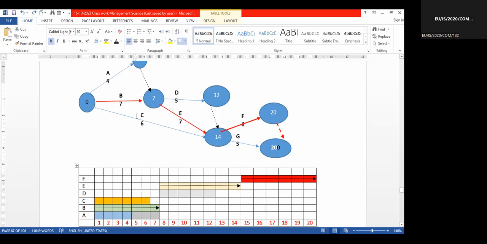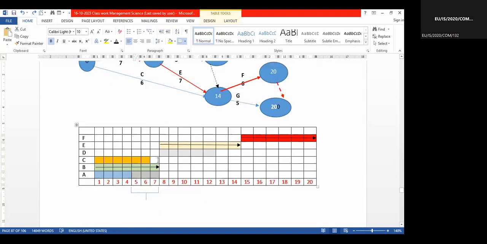B is 7 days. So therefore we can delay C 1 day also. Right? That possibility is there. So you see that A is a non-critical activity, C also non-critical. C can delay 1 day.